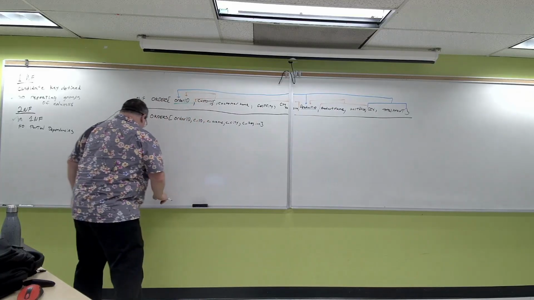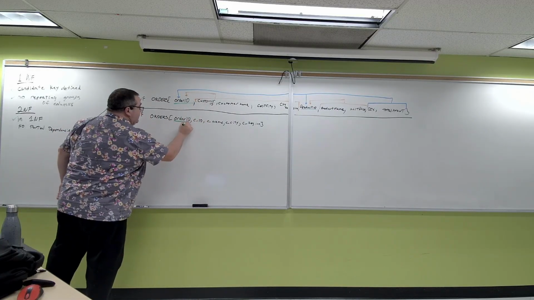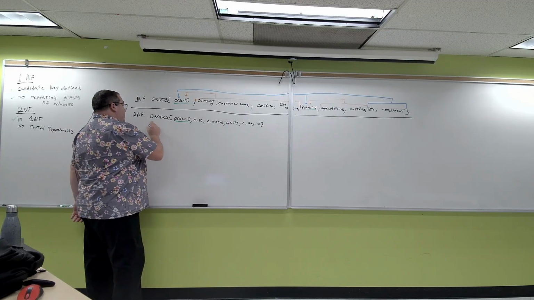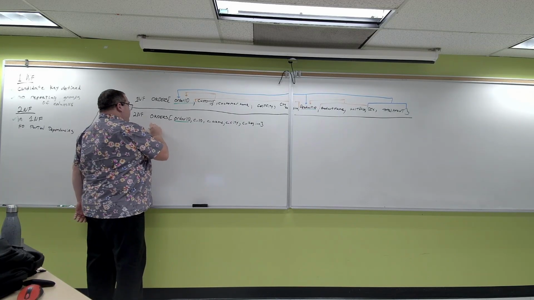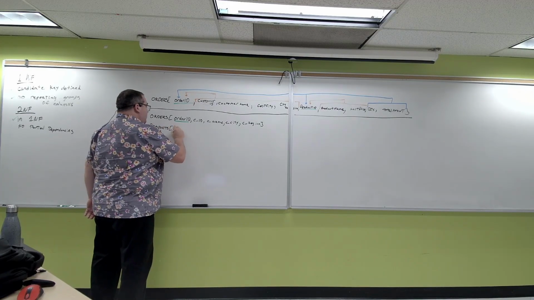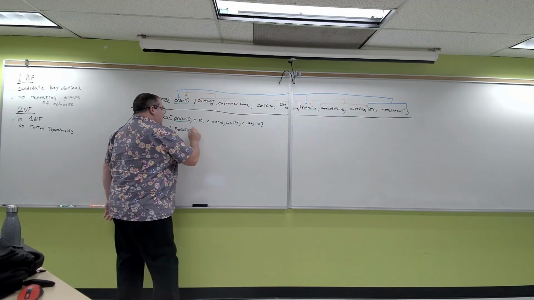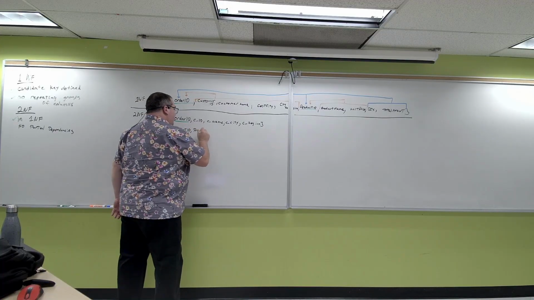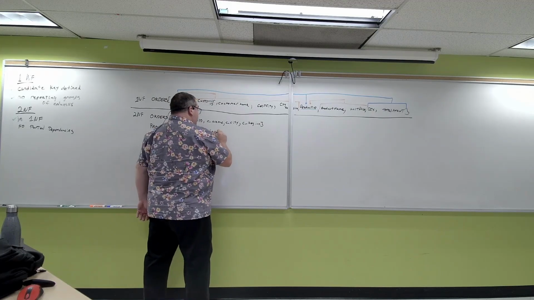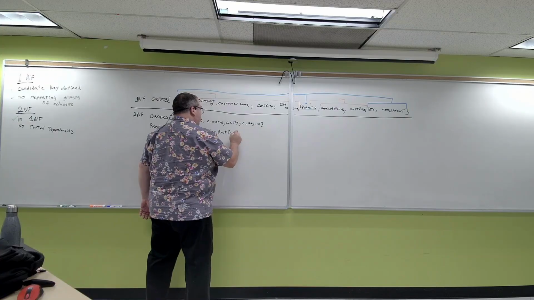Okay. And that's our primary key. We have products, ID, and unit price.